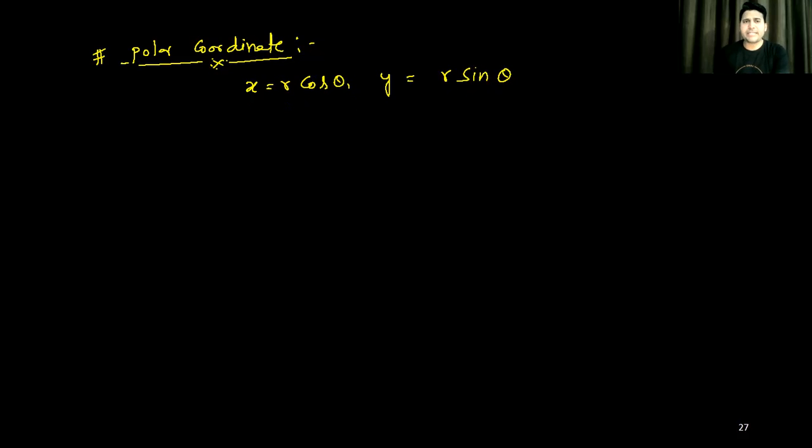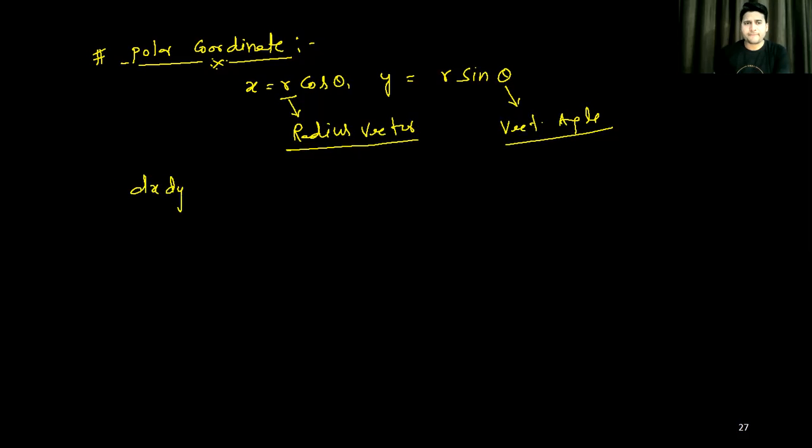If I do the substitution, the Cartesian coordinate is converted into polar coordinate, where r is known as the radius vector and theta is known as the vectorial angle. Now the question comes, what should I replace for dx dy?